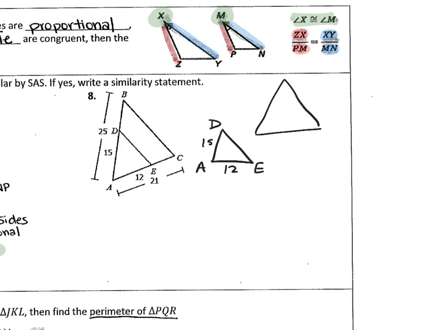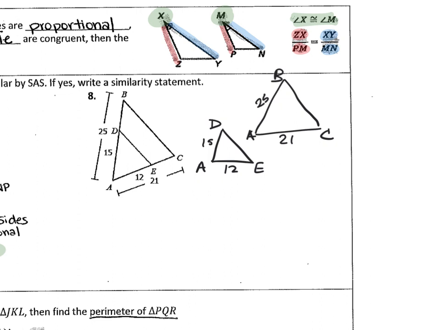My bigger triangle is called ACB. What number should I put between A and C? 21, very good. And what number should I put between A and B? 25. Okay, so we have these two angles.